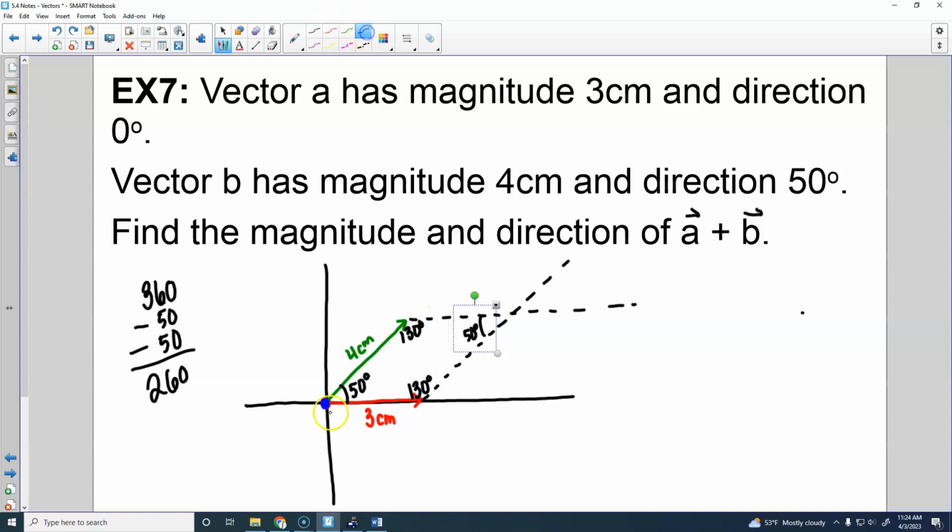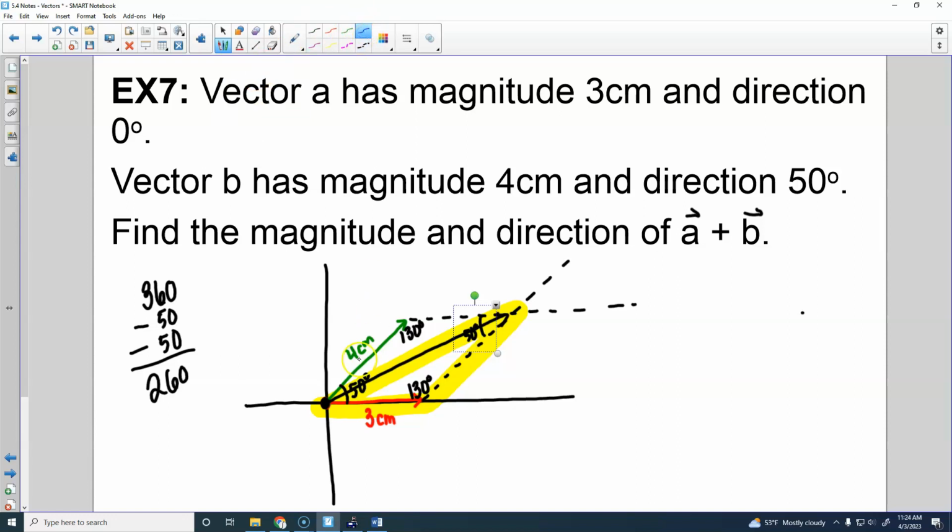Okay, now I'm going to draw my resultant vector back in. There's no reason you can't have the resultant there while you're doing that. I just think it's a little easier to picture without it there. So now, if I look at this triangle right here, now I have an angle, and I've got two of the sides.